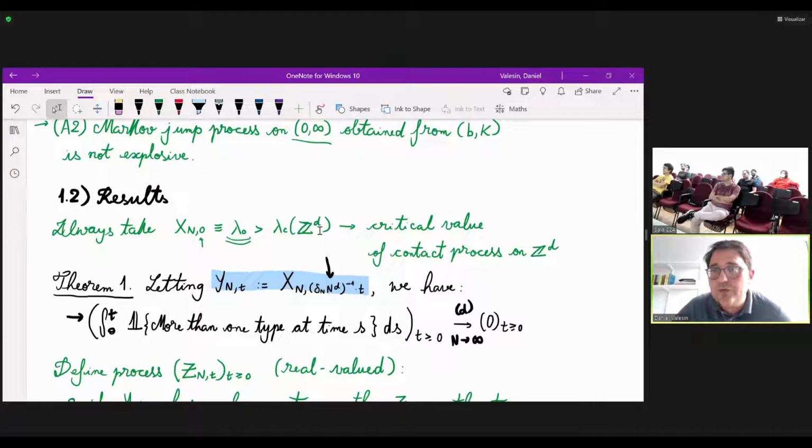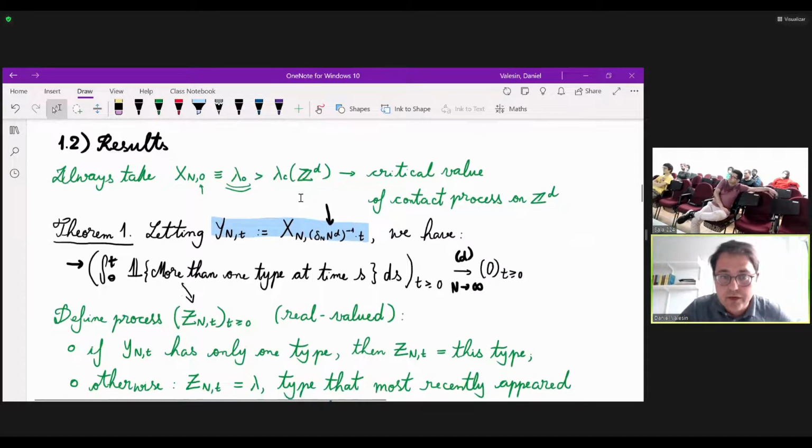So you just have to consider this process of who's winning. So this is what this process Z here that I'm about to define does. It's a real valued process. You look at this Y_n(t), that is, after you speed up X_n(t), you get... So if Y_n(t) has only one type, then you let Z_n(t) be this type.